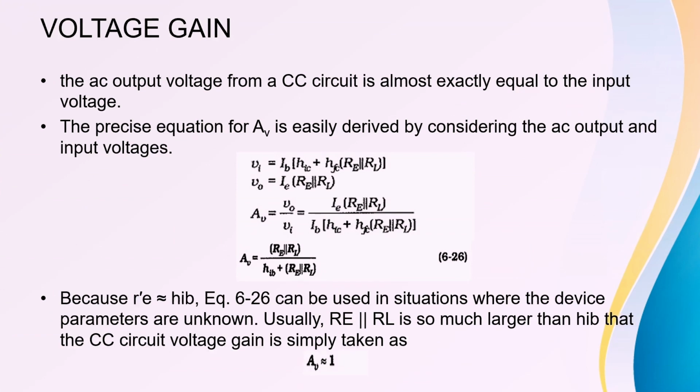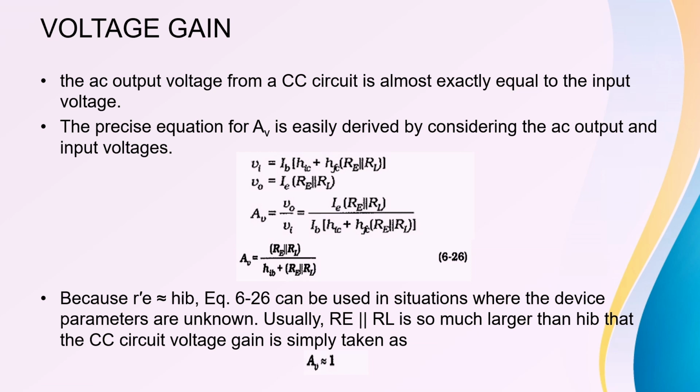So next, let's talk about the voltage gain. The AC output voltage from a CC circuit is almost exactly equal to the input voltage. The precise equation for voltage gain is easily derived by considering the AC output and input voltages. This is the equation for calculating the voltage gain.